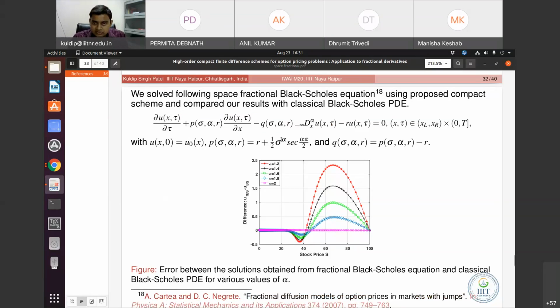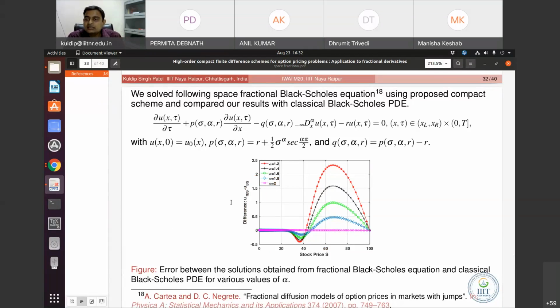So this we solved, of course, and again I'm just saying, we plotted this figure. If you see this purple line, alpha equals 2, the one most below, right? What does it mean? If we take alpha equals 2, and what we have plotted is the fractional Black-Scholes minus the classical Black-Scholes. So for alpha equals 2, this difference is almost 0.